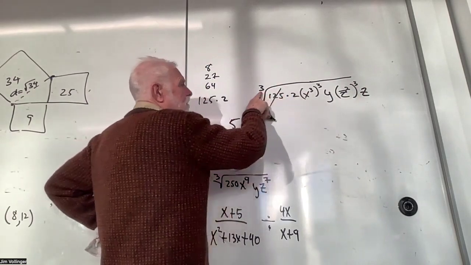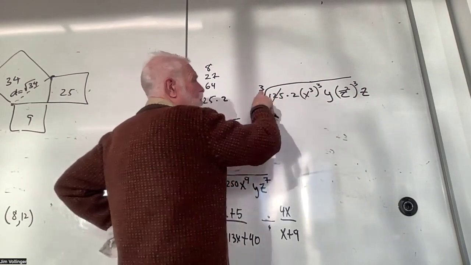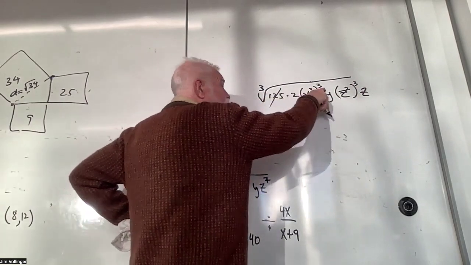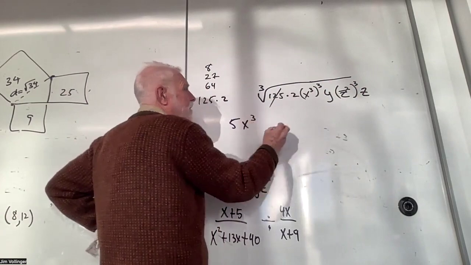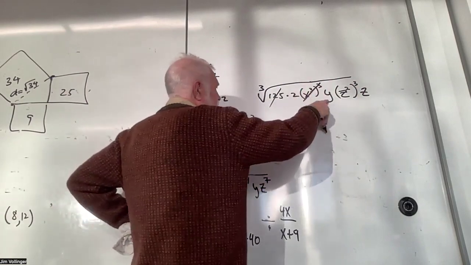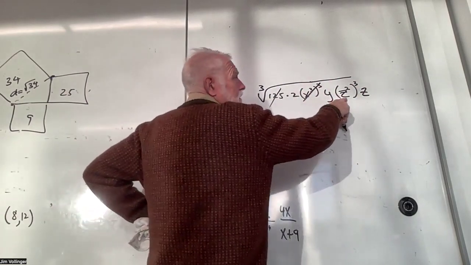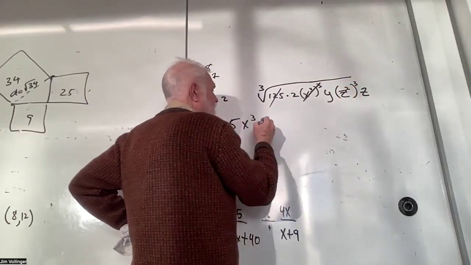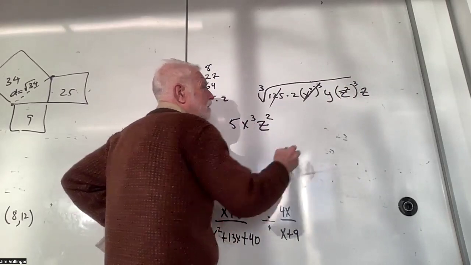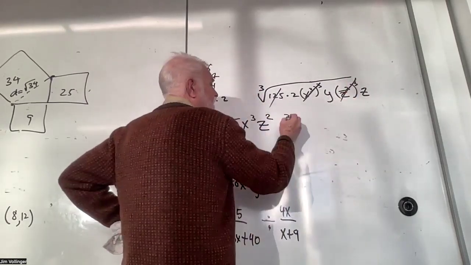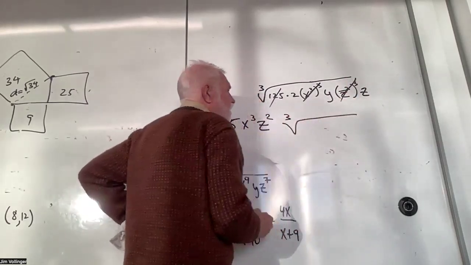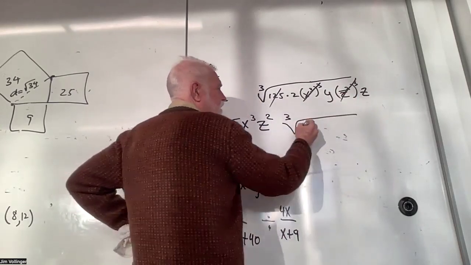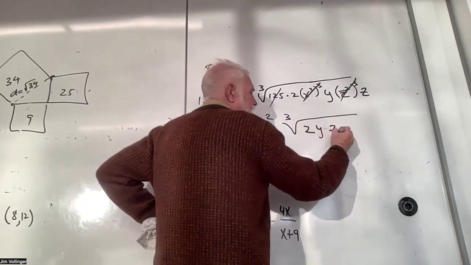Cube root, excuse me. Cube root of 125 is 5. Cube root of x cubed cubed is x cubed. Y is going to stay alone. The cube root of z squared cubed is z squared. I still have some stuff inside the cube root that weren't so user-friendly, like 2, y, and z.